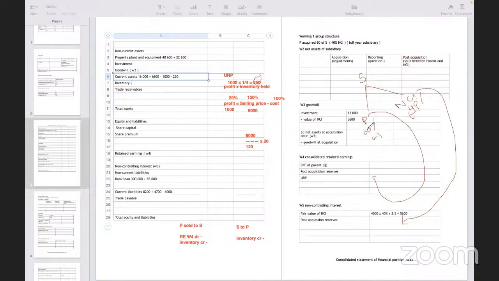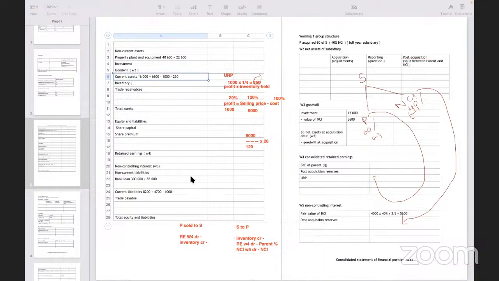The NCI's share you remove from the NCI working. In double entry terms: retained earnings, working number 4, debit, minus the parent percentage. Then NCI, working number 5, debit, minus the NCI percentage.